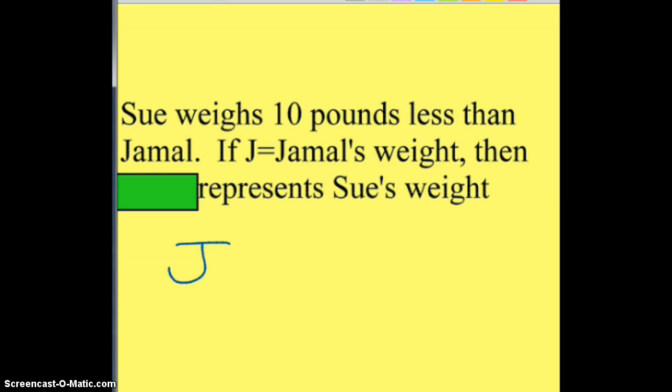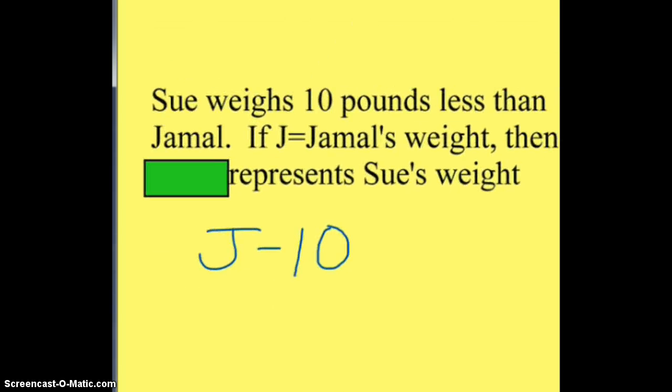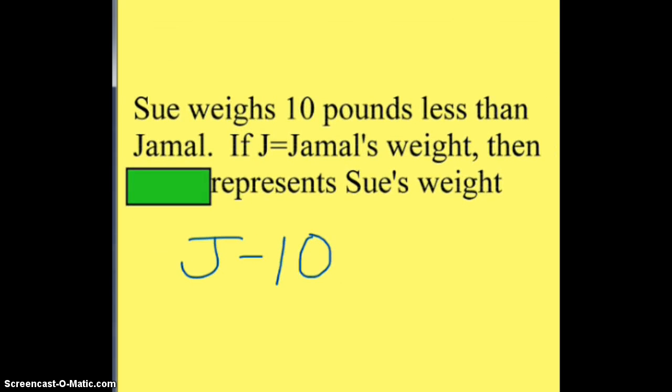What would that algebraic expression look like? Jamal's weight 10 pounds less. That is a subtraction, and we can check and see. J minus 10 is going to represent Sue's weight.